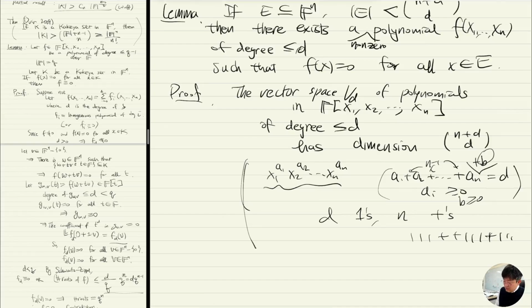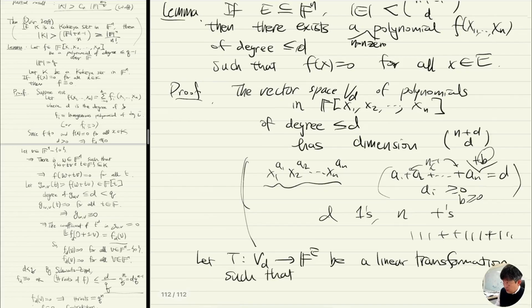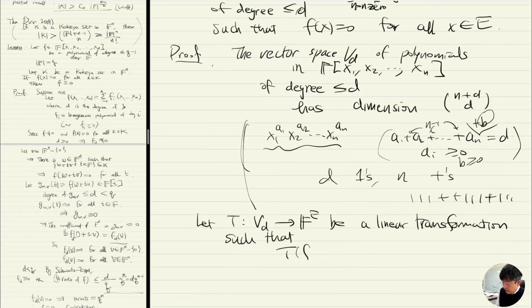Now let T be the linear transformation such that T of f is f of a.